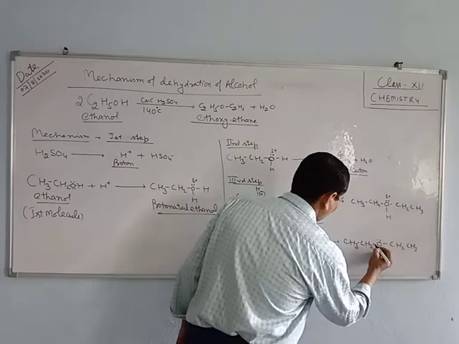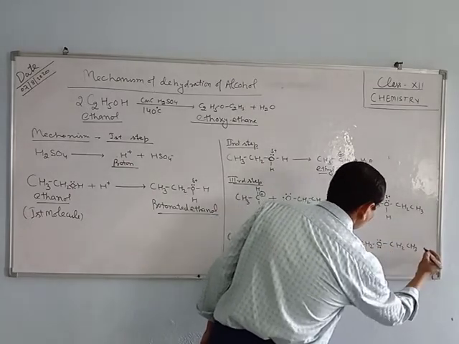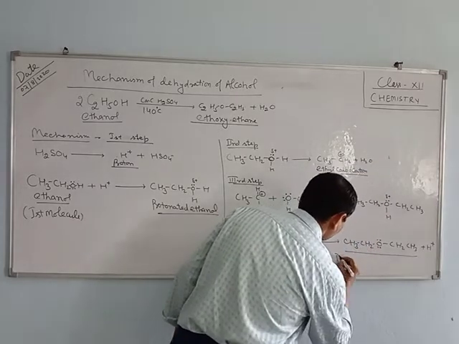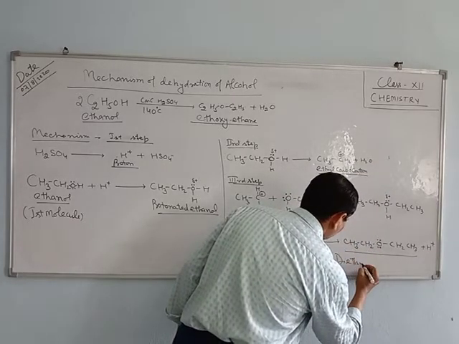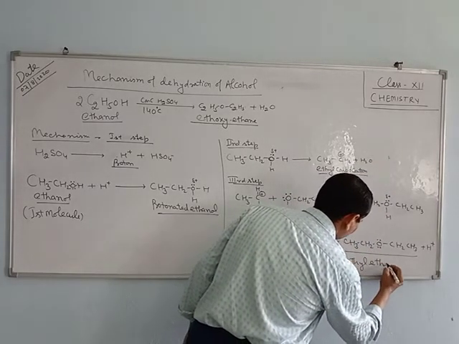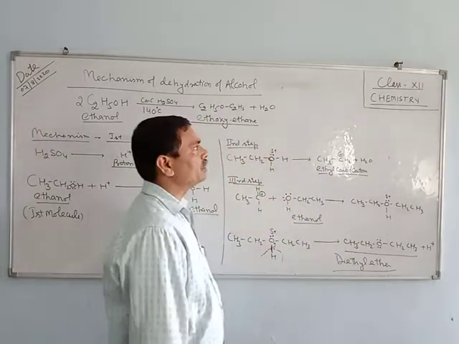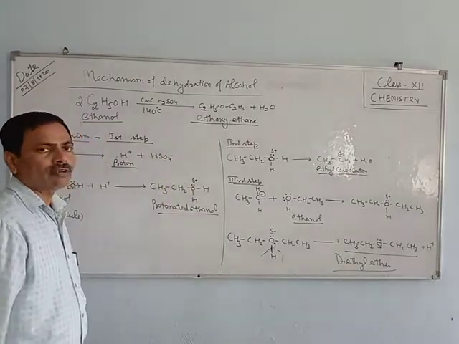Now there are 4 electrons and the proton is liberated. It is diethyl ether. This is the mechanism of formation of ether from alcohol.